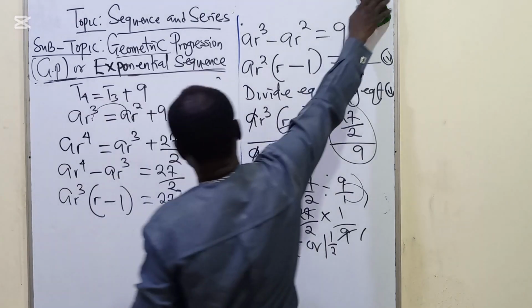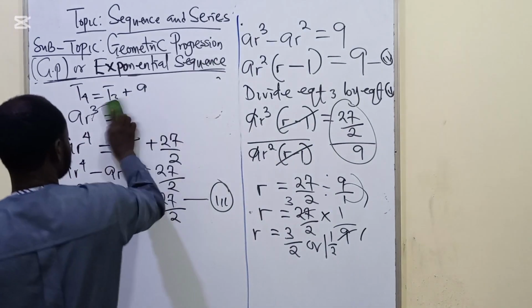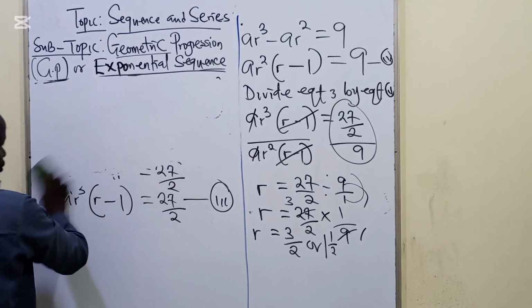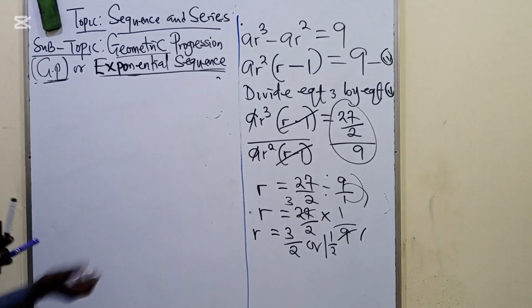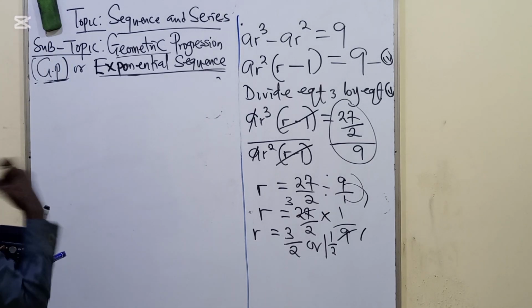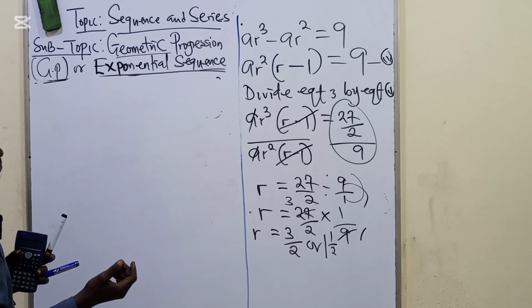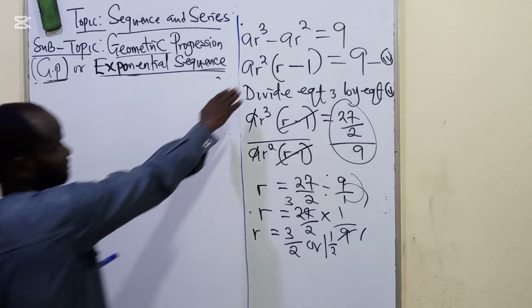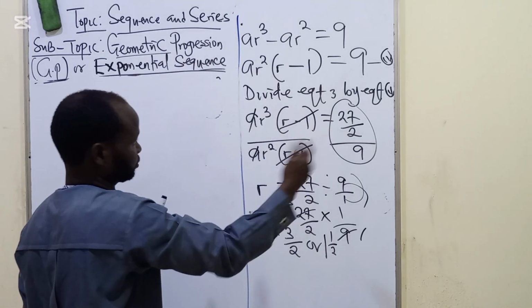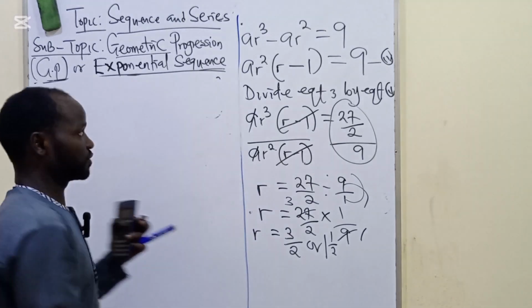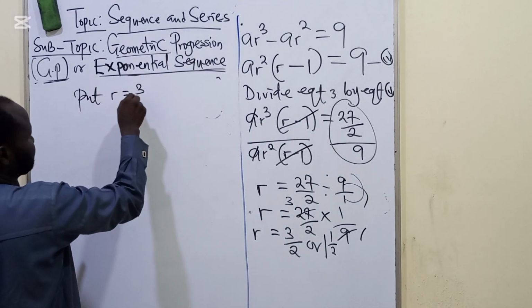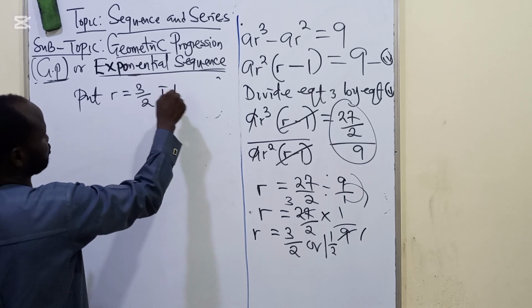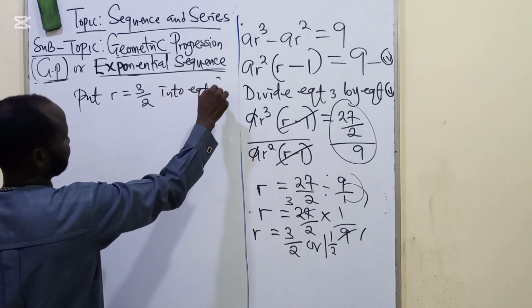Next question, let's say we have to find the first term. We know our common ratio now, so we can easily find the first term. We can substitute into any of the equations. It could be equation 4, it could be any of the equations. So let's pick one of the equations. Let's say put R equals 3 divided by 2 into equation 4.